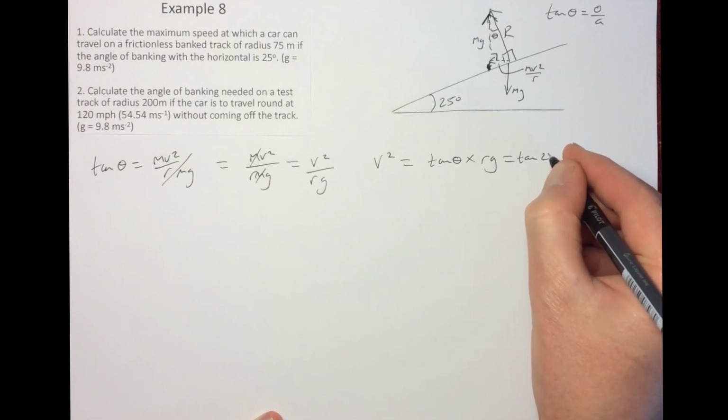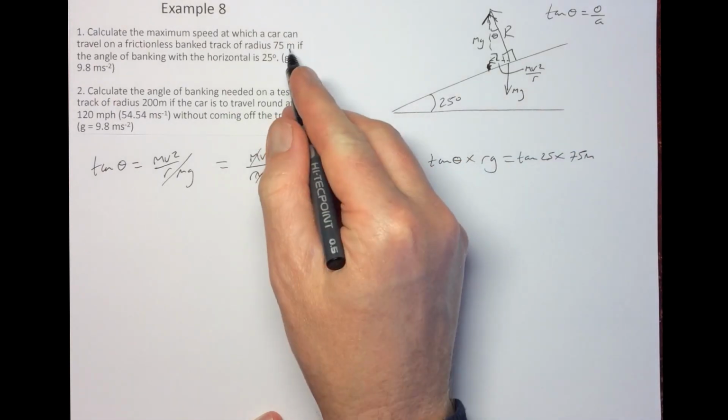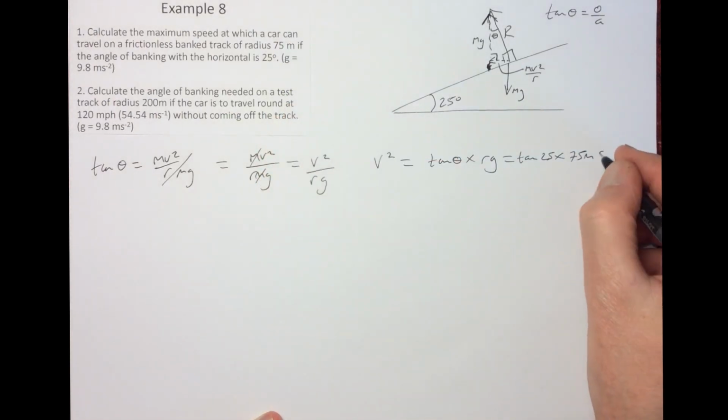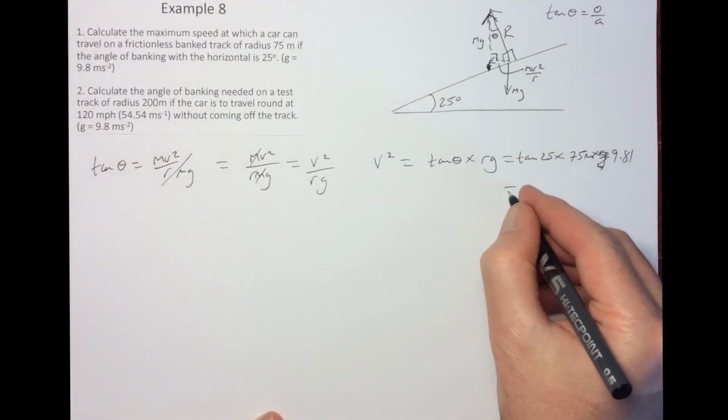So that means tan 25 multiplied by r, which is your radius, that's 75 meters, given there. And we know that g is obviously 9.81. It does say it's 9.8 here, but I'm going to use 9.81.